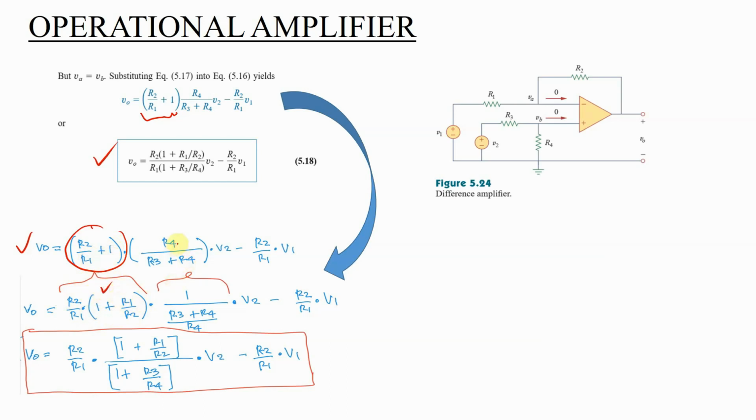What about here? I can bring R4 to the bottom, R3 plus R4, right? So this portion here is equivalent to here, and here I did not change anything. So after that, at the numerator I have 1 plus R1 over R2, divided by, I can simplify this portion into 1 plus R3 over R4, times V2 minus R2 over R1 times V1, right?